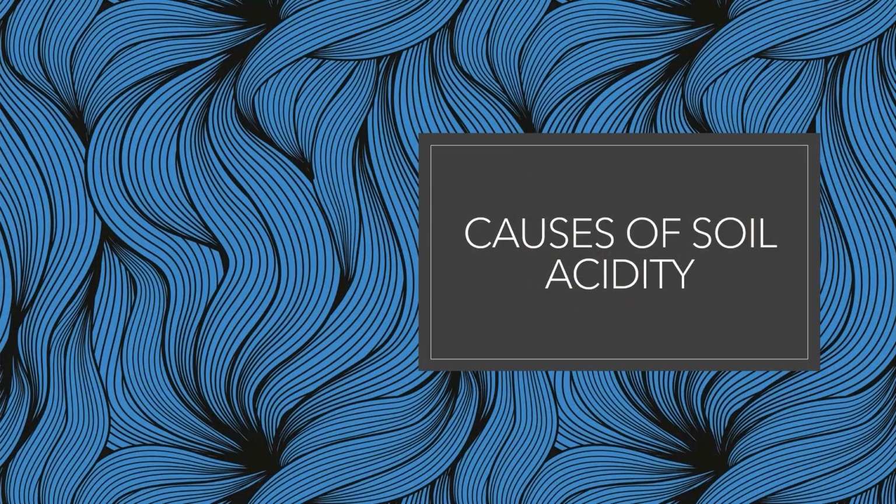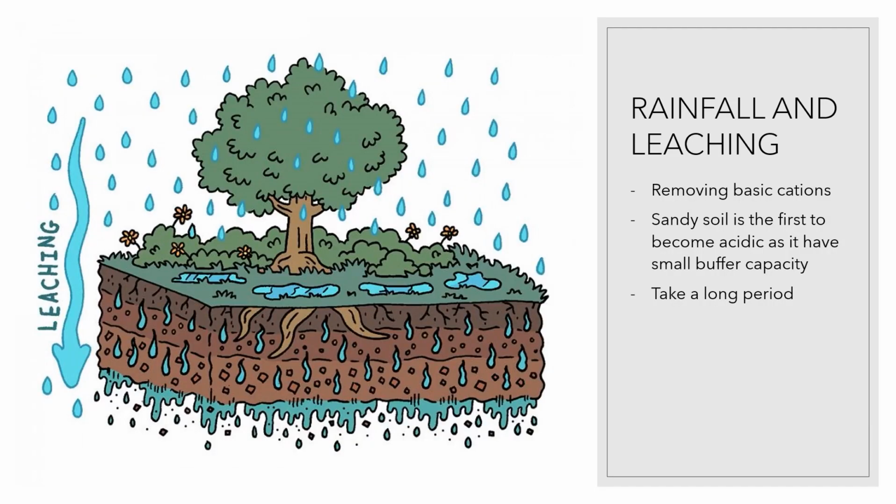Causes of soil acidity. The first one that we can see here is rainfall and leaching. Excessive rainfall is an effective agent for removing basic cations over a long period. As an example, we can generally conclude that soils are naturally acidic if the rainfall is above 30 inches per year.